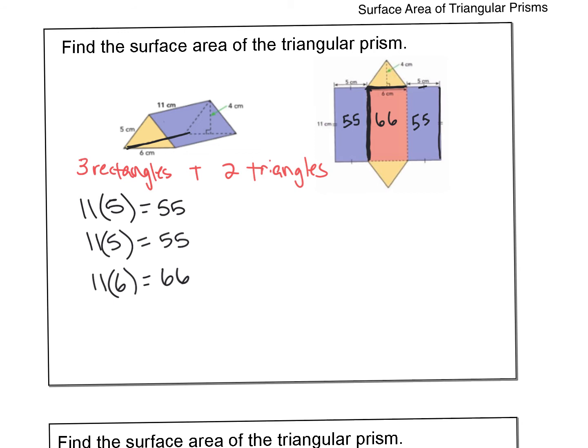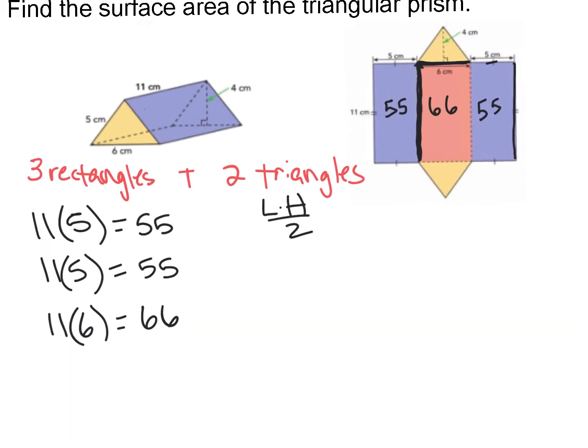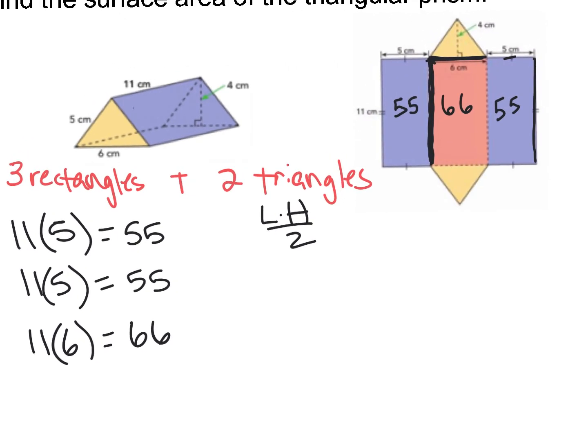All right, so for our 2 triangles, we need to find length times height divided by 2. Let's take a look at which measurements to use. Remember what I told you, that a triangle has to have a 90-degree angle, and those are the two measurements that you choose to look at.